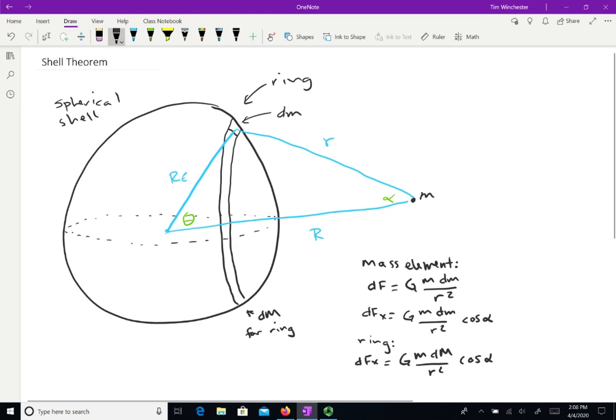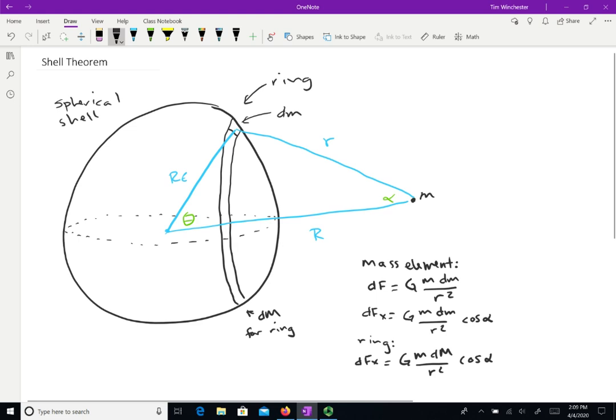Okay, so in order to do that, what I want to do is consider the density of the shell, because if I know the area of that ring, then I can use that area to figure out the mass of the ring. Smaller rings, ones that are close, like near the close end of the planet or the far end of the planet, are going to be smaller, and ones that go around a whole equator of the planet or a longitude of the planet are going to be larger.